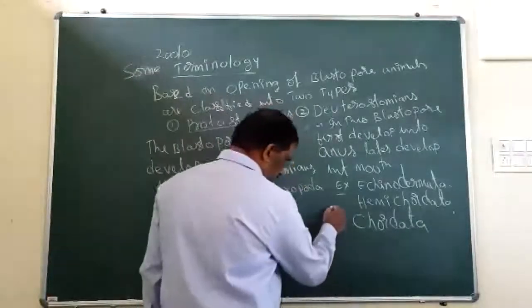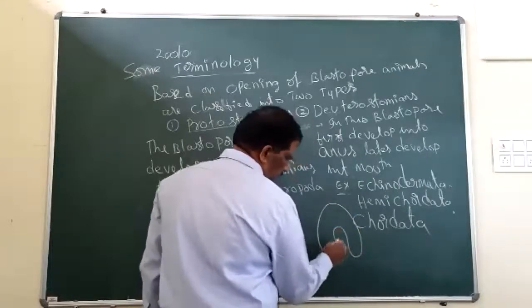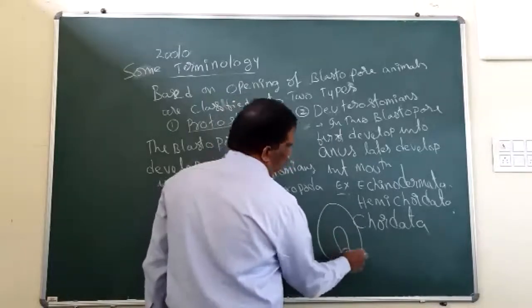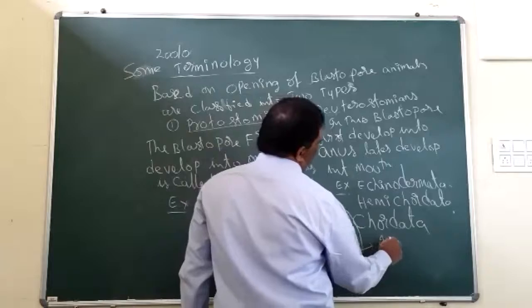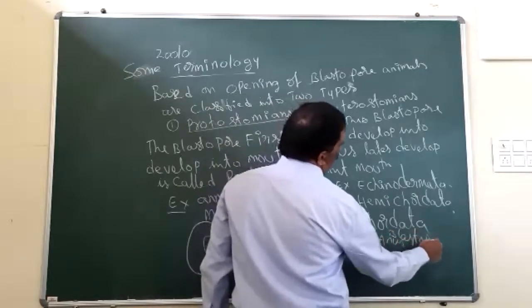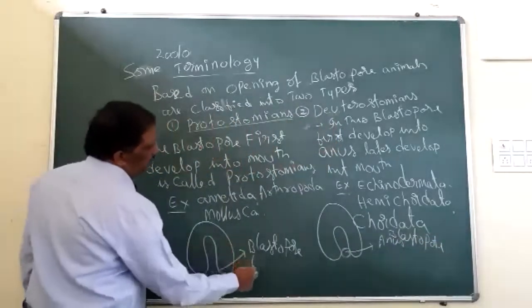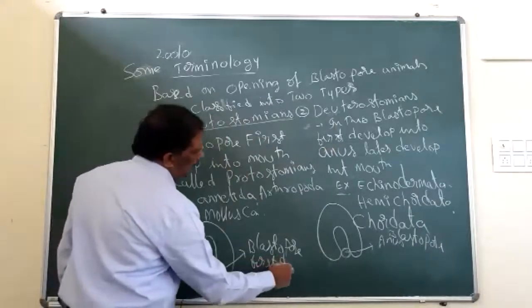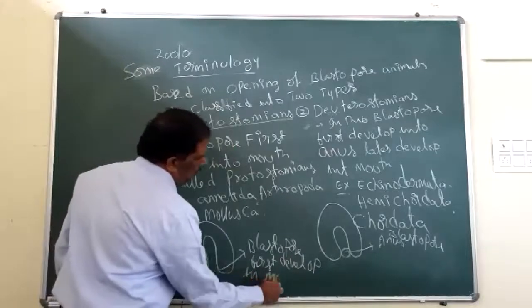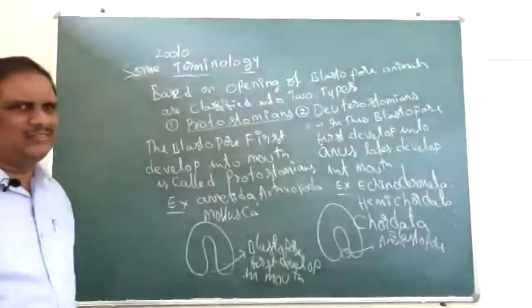So here, blastopore first develops into anus. And here, blastopore first develops into mouth. Any doubt? Fine.